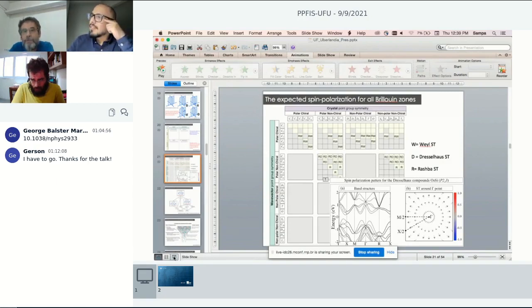Nice. It's very nice because I think this is in some way a paradigm: we learn in our undergraduate courses that we usually relate phenomena with the existence of some specific crystal symmetry. So we always connect that, and this is what we have in our brain all the time.